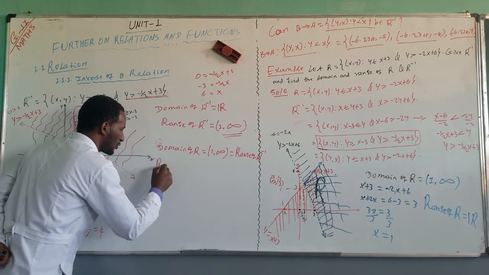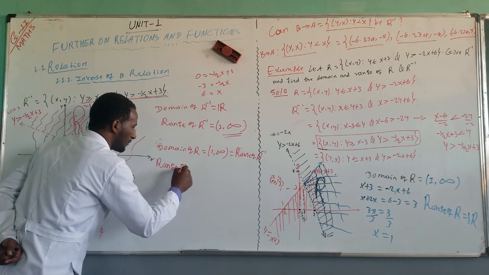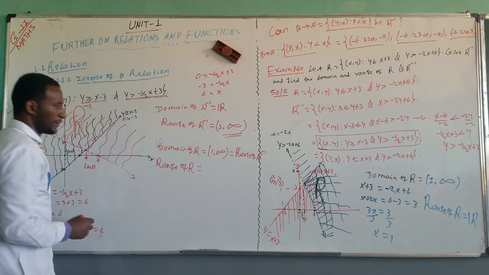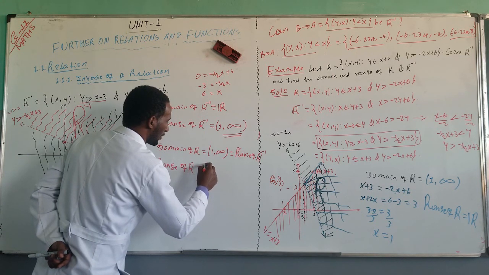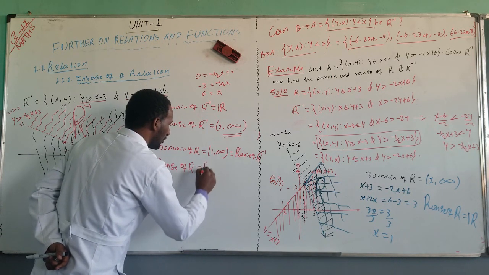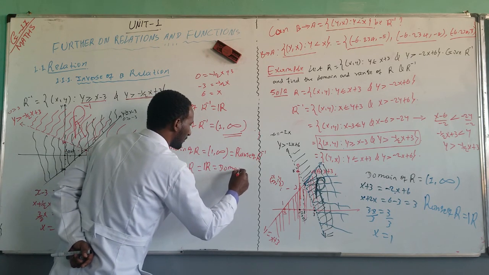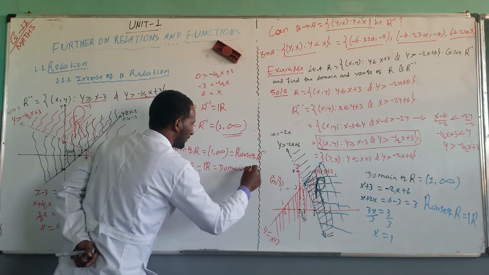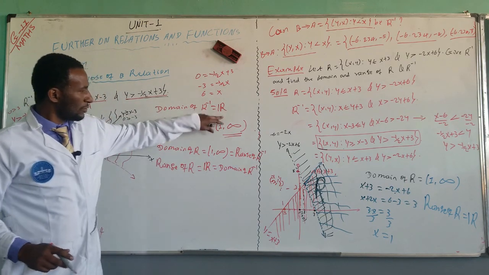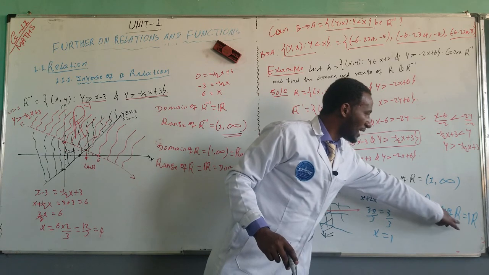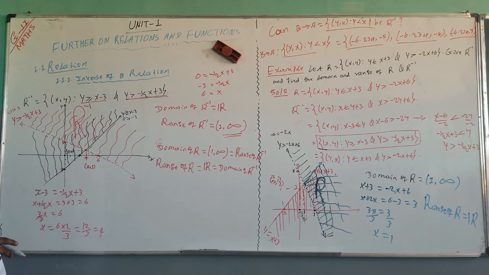And the range of R is all real numbers, which is equal to the domain of R inverse. The domain of R inverse is all real numbers. The range of R is all real numbers.